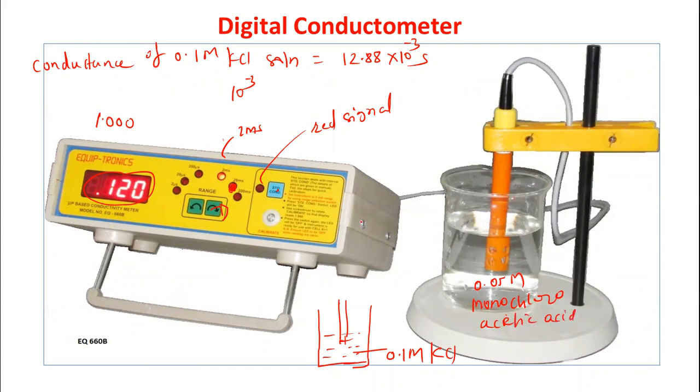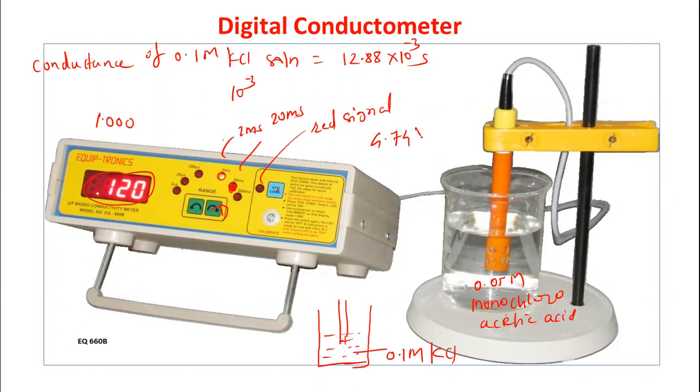Dip the conductivity cell, connect it to the back side here and measure the conductance. We have to take the readings at 20 millisiemens.